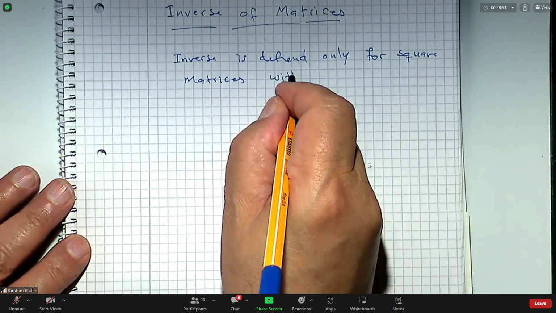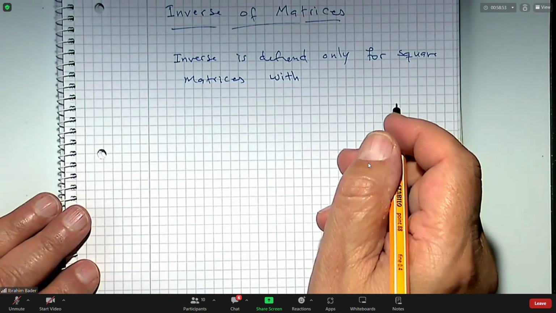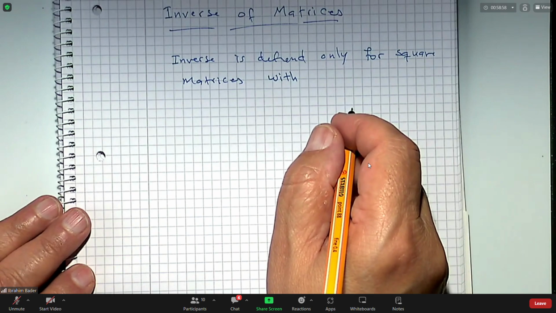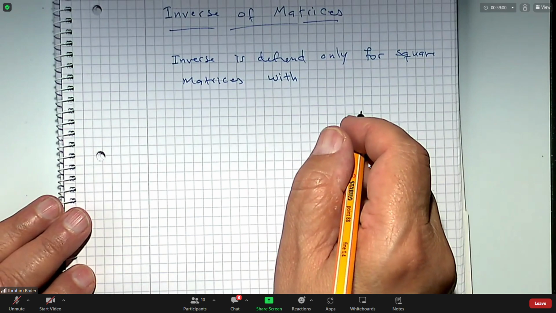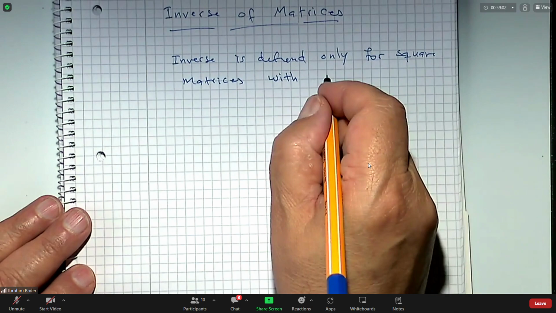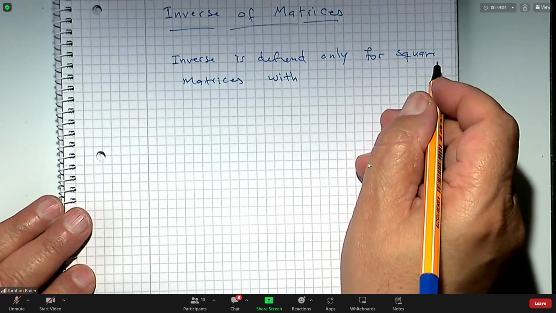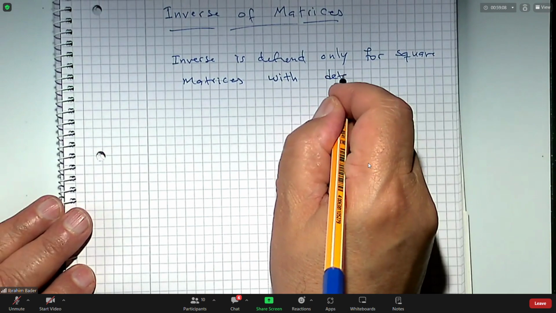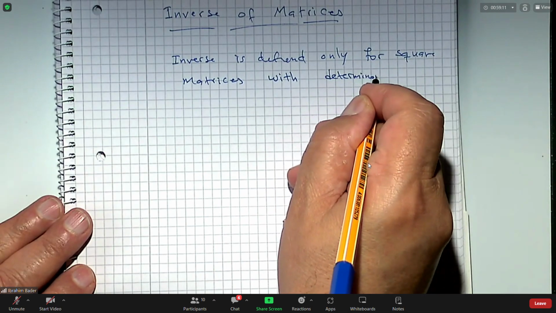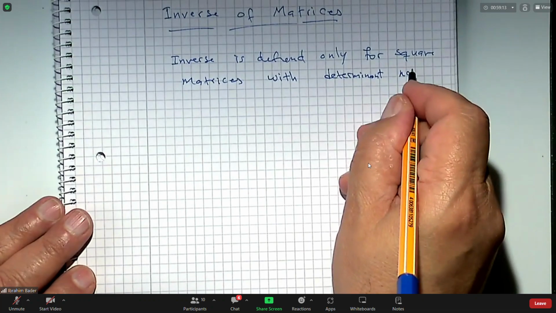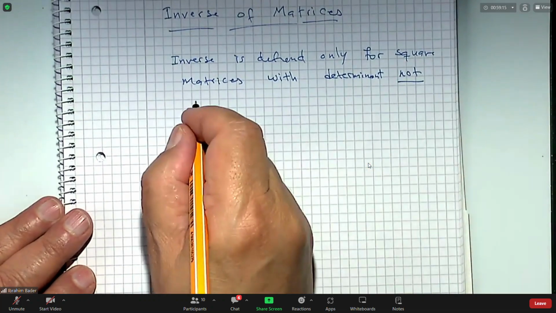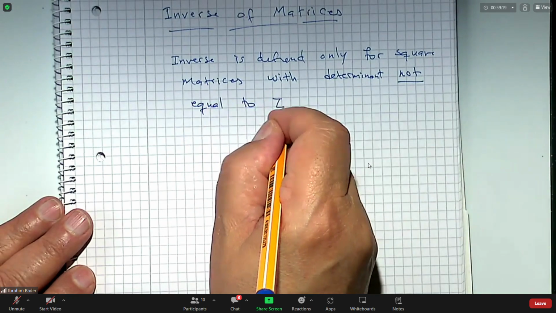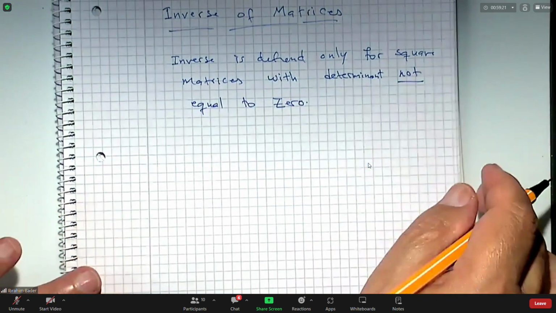This is an important note: it's not enough that a matrix is a square matrix to have the inverse defined. It must be a square matrix with determinant not equal to 0. Okay?